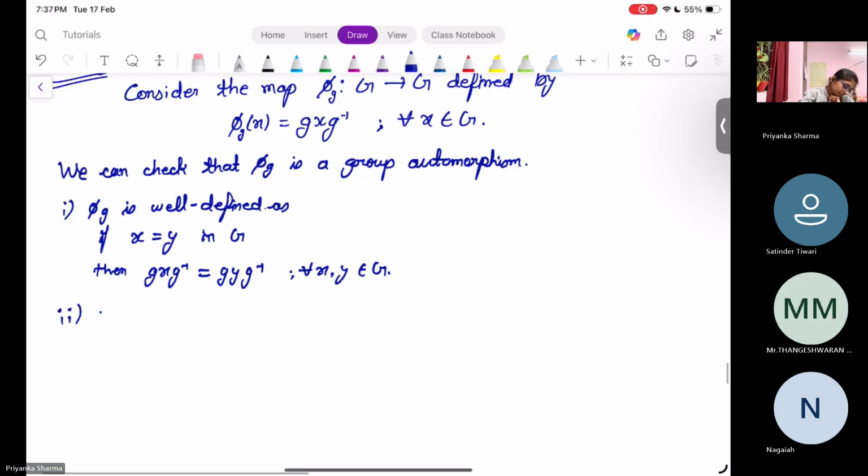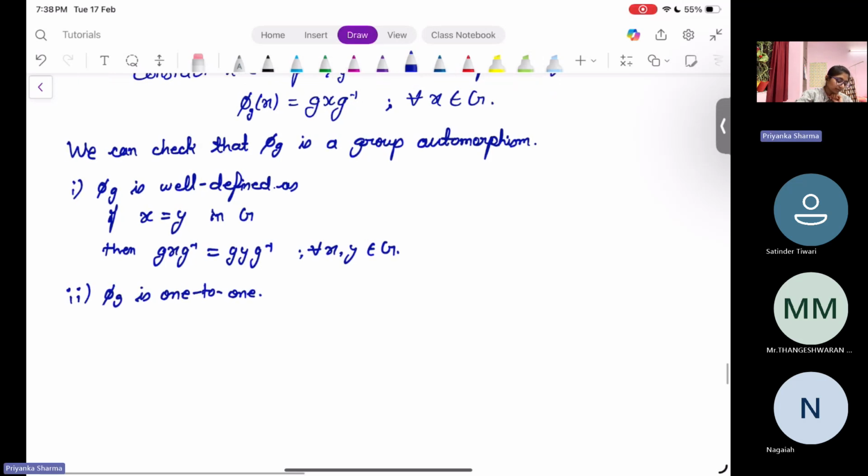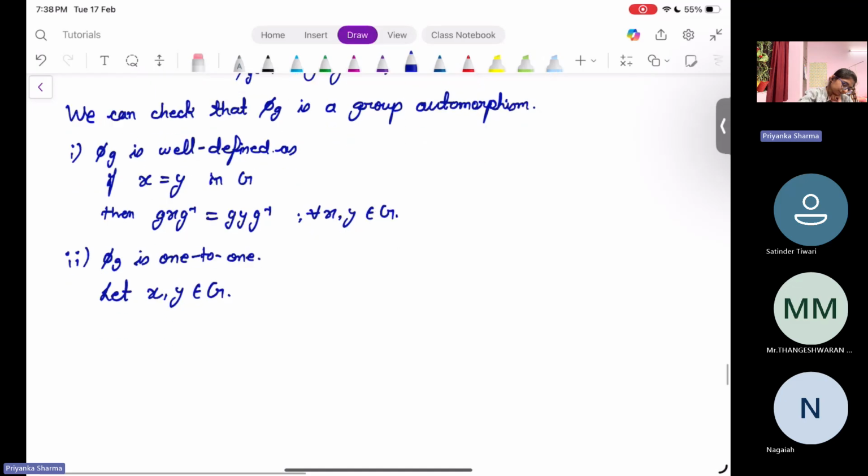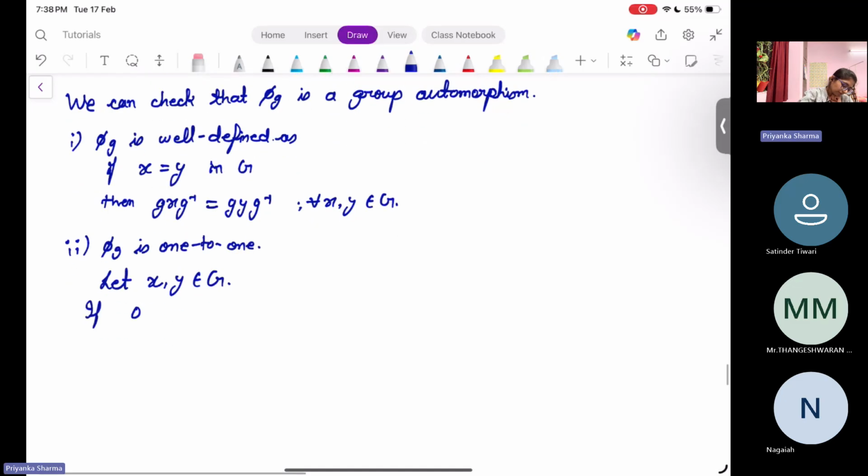Secondly, phi g is 1 to 1. This is injective. It means, again, you need to consider two elements. So let x and y belong to G. If phi of x is phi of y, that is, if images of two elements are equal, then what will we get?